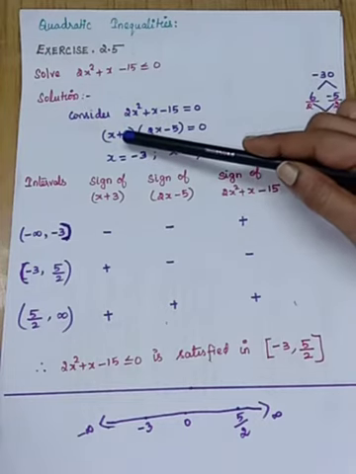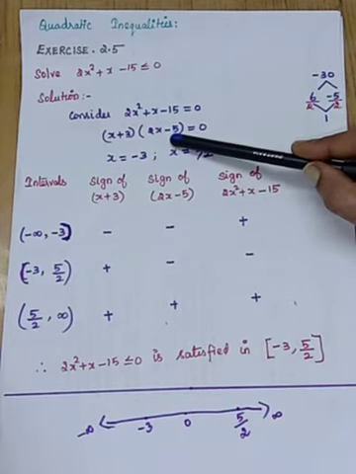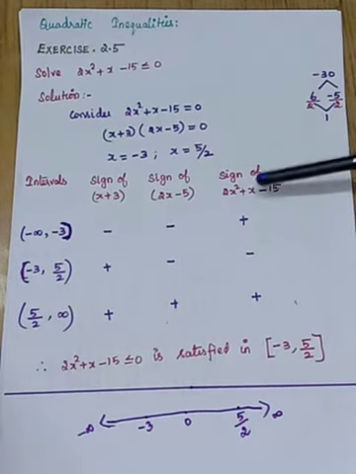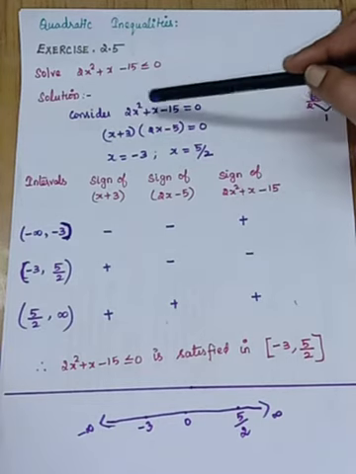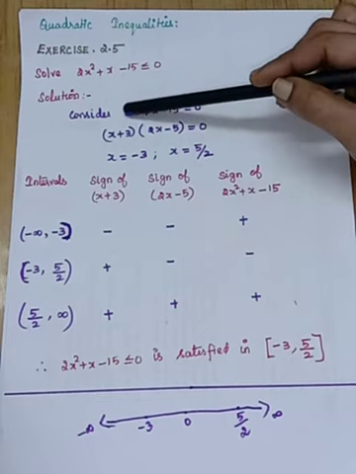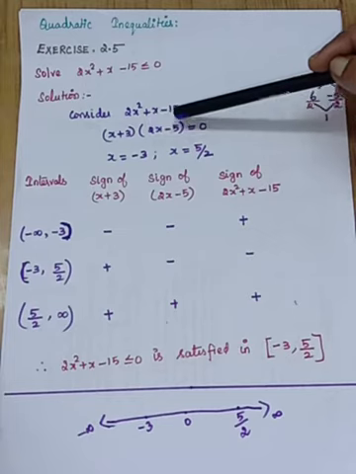Okay. See, on this interval, what you are going to discuss now, you have to see the factors. So here, the sign of x plus 3, and the sign of 2x minus 5, and the sign of 2x squared plus x minus 15. So see that here this quadratic function is factorized as x plus 3 into 2x minus 5.